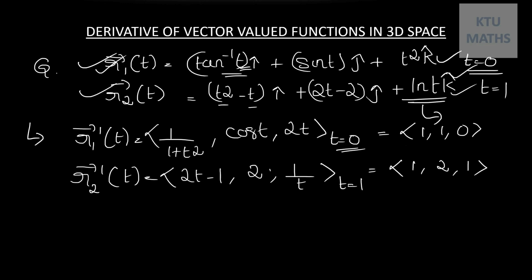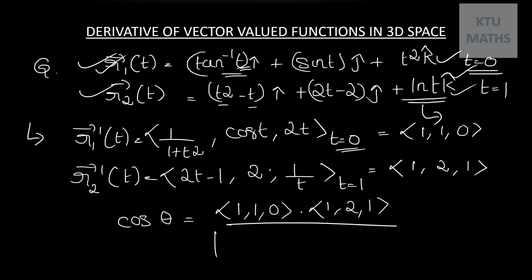Now we have to find the acute angle. We have to substitute in the equation. Cos theta is equal to the dot product of the first vector (1, 1, 0) and the second (1, 2, 1), divided by the magnitude of the first vector and the magnitude of the second vector.